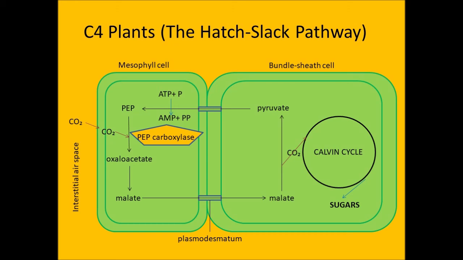The malate then passes via plasmodesmata, which are connections between the cell walls of the mesophyll and bundle sheath cells, into the bundle sheath cells. Here the malate is decarboxylated so that carbon dioxide yielded can be used for Rubisco and the Calvin cycle. The process does cost more energy than carbon fixation in a normal C3 plant Calvin cycle pathway.